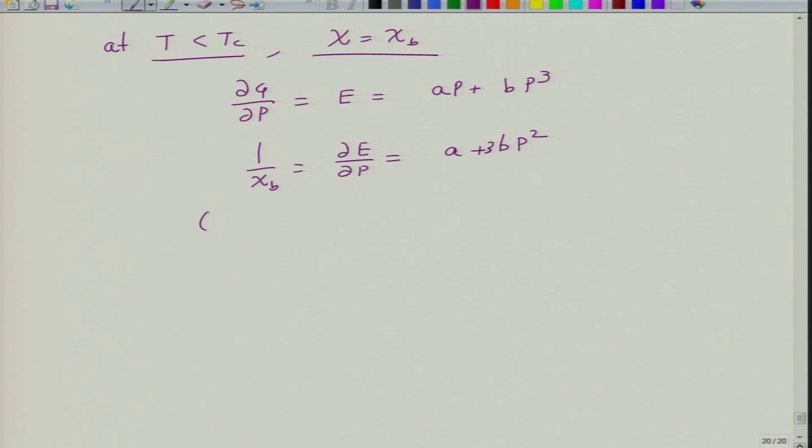So, we have neglected higher order terms, that is P to the power 6 and above. You can see here we have only taken the P square and the P to the power 4 term, all right.